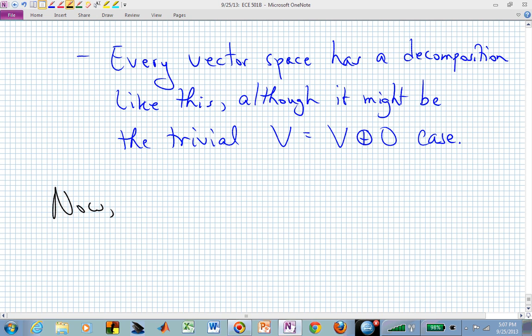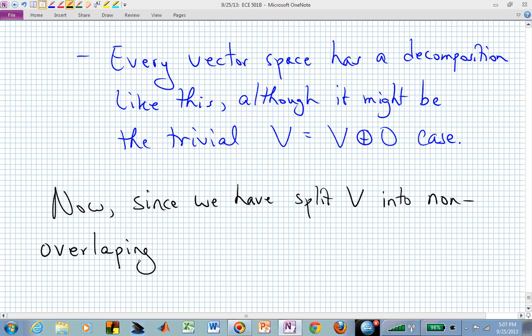Now that we have V split, broken apart into this direct sum decomposition into non-overlapping subspaces, they do overlap at one point, don't they?